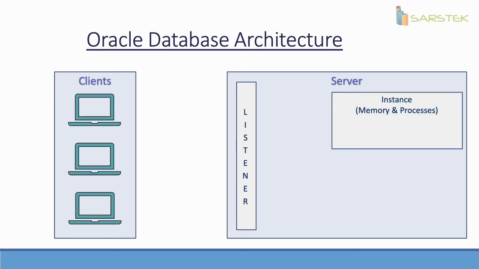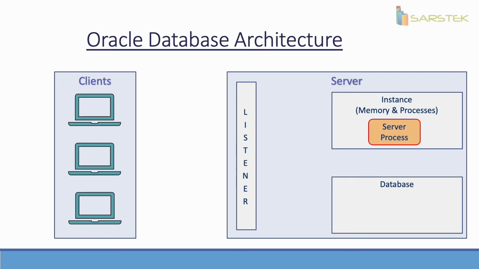So an instance is nothing but the memory and the processes. Whenever a new connection request comes to the listener, the listener creates a new process, a new Oracle instance, and with that instance, it will interact with the database. In the instance we have a server process.